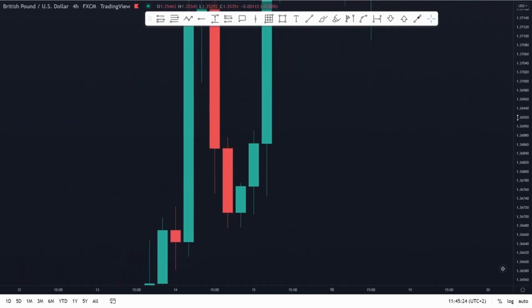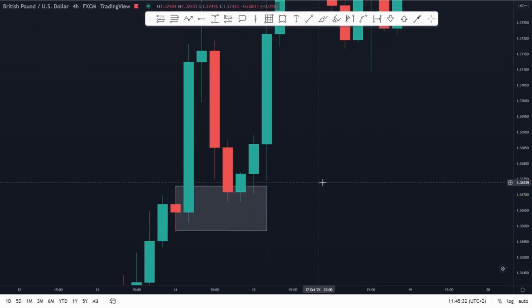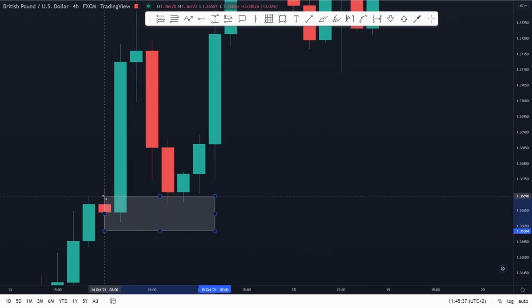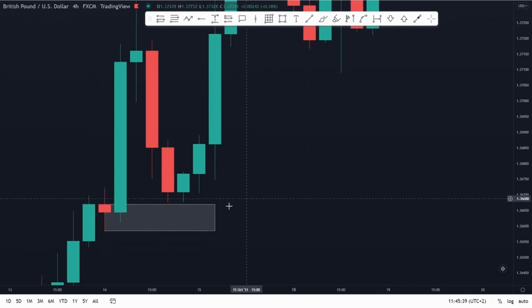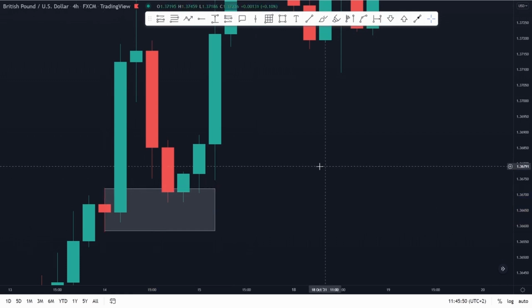As you can see from here, we have our zone over here. I hope you know how to draw those zones right now, because you can draw from the body to the wick. But as you can see, the candle bodies didn't touch the zone, so the wick is the valid one this time.